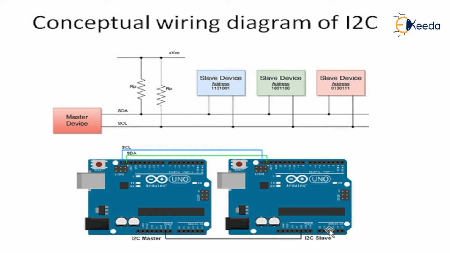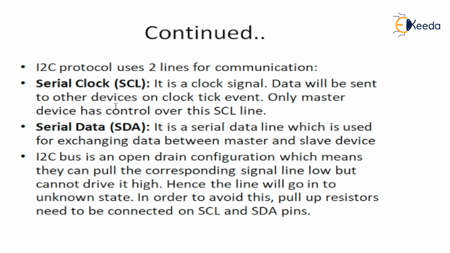You can make use of either of these. Only one I2C pair is available, so we have to make the connection according to availability. This is how you can wire the I2C connection for establishing the I2C protocol.